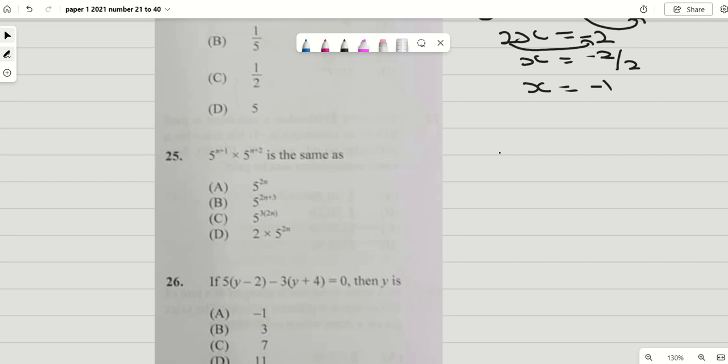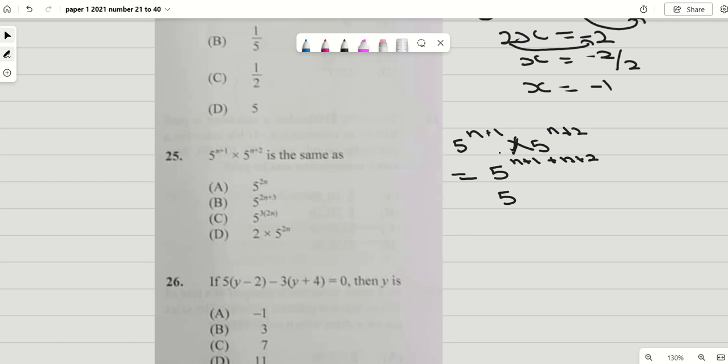So this is going to be equal to 5 to the power of n plus 1 plus n plus 2.